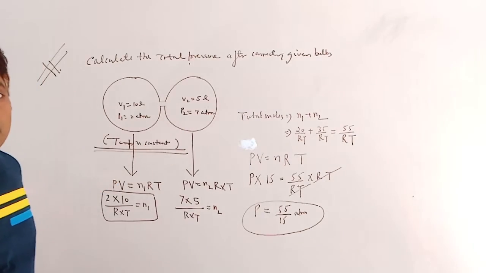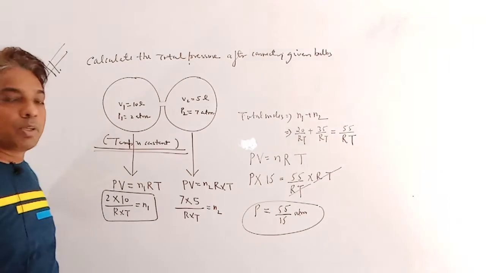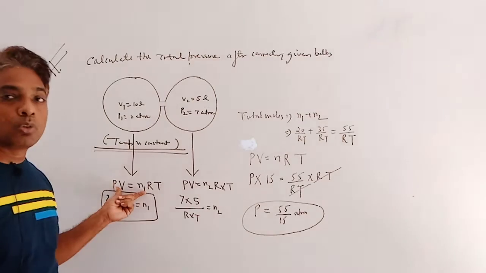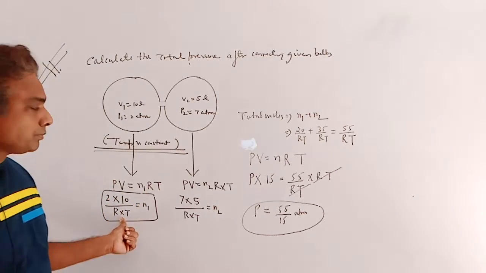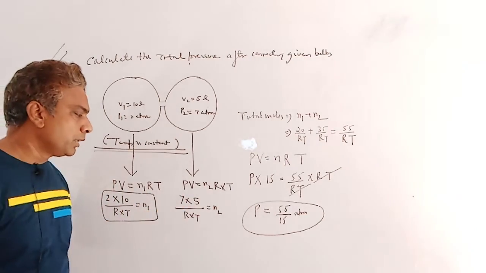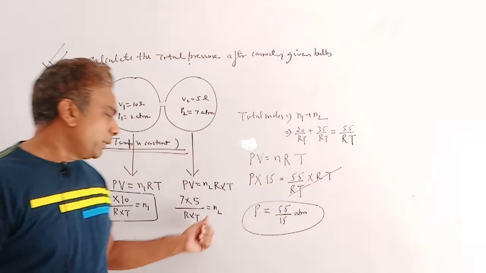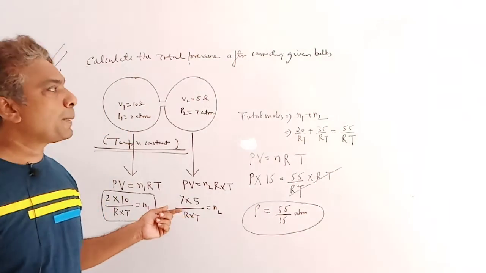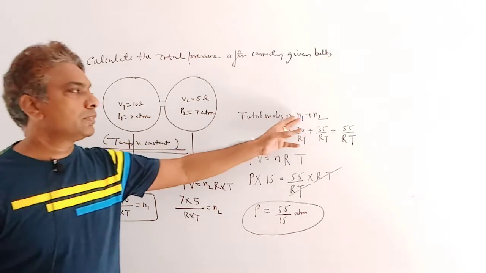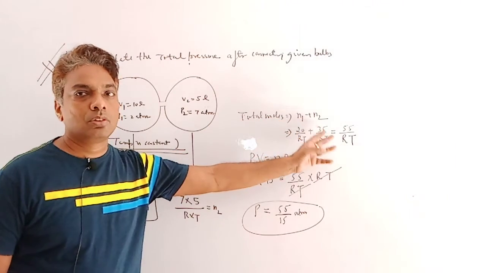So firstly calculate the number of moles in the first bulb with the help of PV is equal to N1 RT. N1 will be 20 by RT. Similarly in the second bulb, it will be N2, which is 35 by RT. Clear? So total number of moles is N1 plus N2.